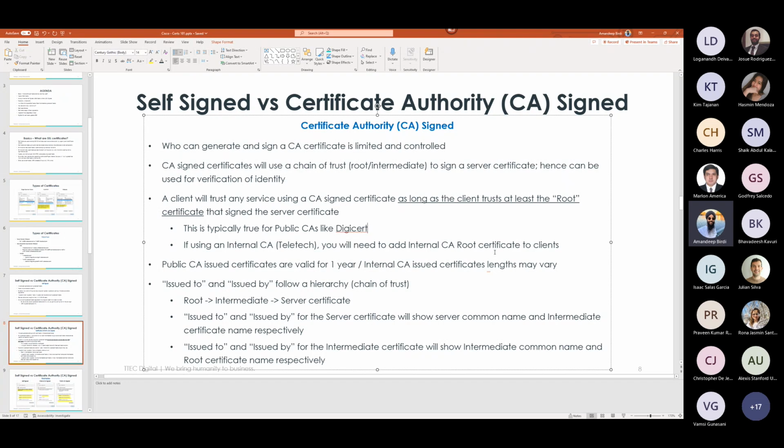In order for CVP to trust that web service, again, presumably we're talking about something that's HTTPS, you need to import the root and possibly even the intermediate to the Java trust store within CVP.